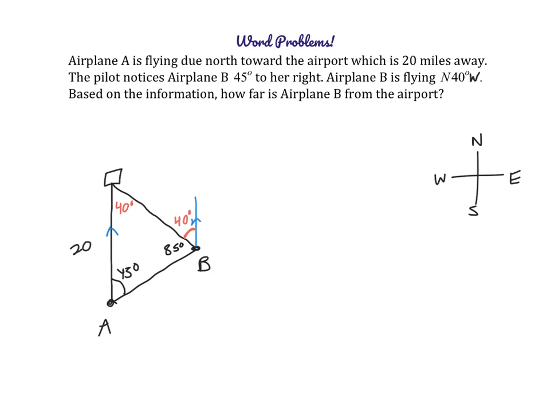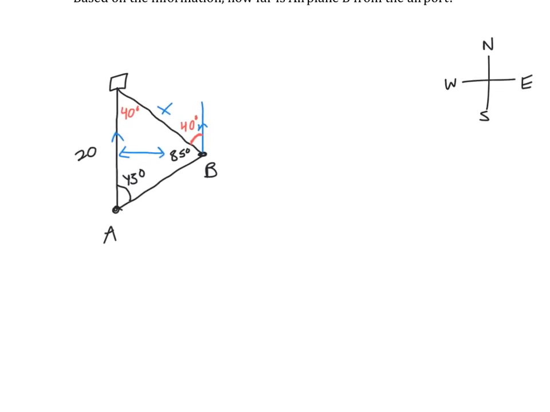So now we should have enough information to use law of sines to help us find the distance from airplane B to the airport. So let's set up our equation. So here we can say x over the sine of 45 degrees equals 20 over the sine of 85 degrees.